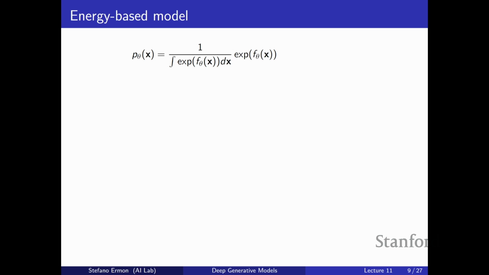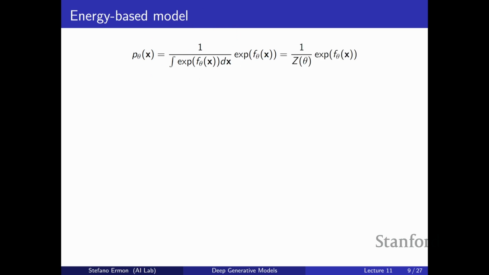Specifically, we're going to be looking at models of this form, where we have a probability density function over x, parameterized by theta, and defined as the exponential of f theta, because we need to make sure that the function is non-negative. This is the unnormalized probability, the exponential of f theta, and then we divide by the partition function to get an object that is actually normalized.